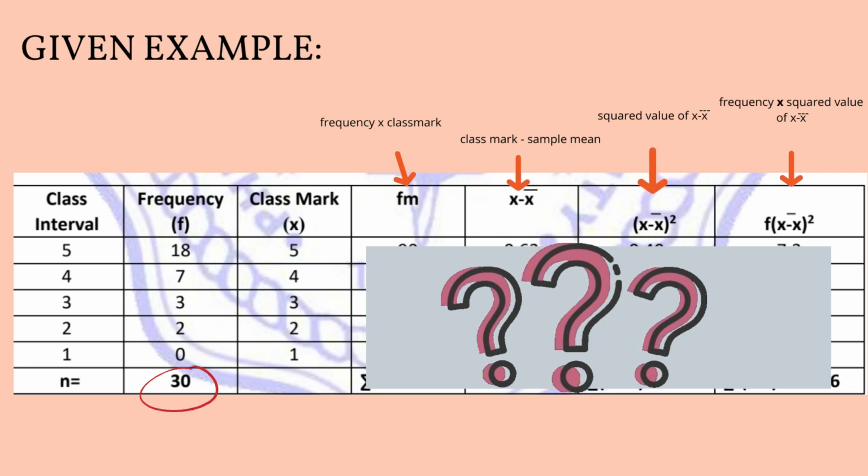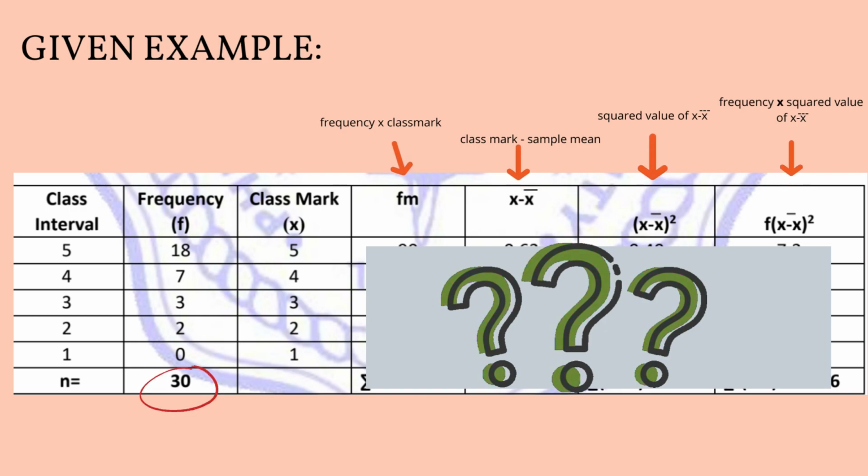Now, let us analyze kung paano or kung ano-ano ang meron sa column natin. Okay, so for the fourth column, we have frequency multiplied by class mark. And then the fifth column naman, ang meron natin dyan is yung class mark, ima-minus natin sa ating sample mean.